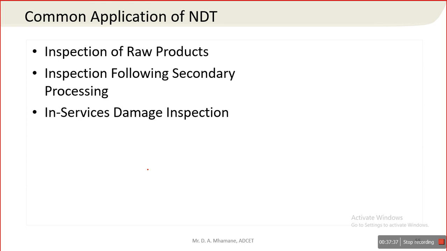Common applications: inspection of raw product, inspection of secondary processing, and inspection during damage inspection. In all three cases NDT is applicable, that is during raw product, in-service damage, as well as secondary processing, meaning on the production line also.